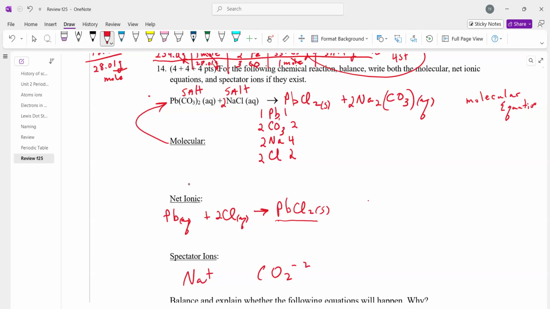Okay, you've got to do inventory each time you try balancing the equation. So we got to fix the Nas. So over here, instead of having on the left 2 Nas, let's make it 4 Nas. Okay, that kicks the chlorines up to 4, and we have 4 chlorines now on the right.